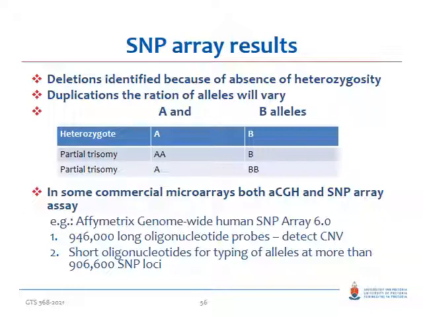You do, however, get commercial microarrays where both an array CGH and a SNP array are done simultaneously, and the Affymetrix genome-wide human SNP array has about 946,000 long oligonucleotide probes to detect copy number variation and short oligonucleotides for typing of alleles at more than 906,600 SNP loci.